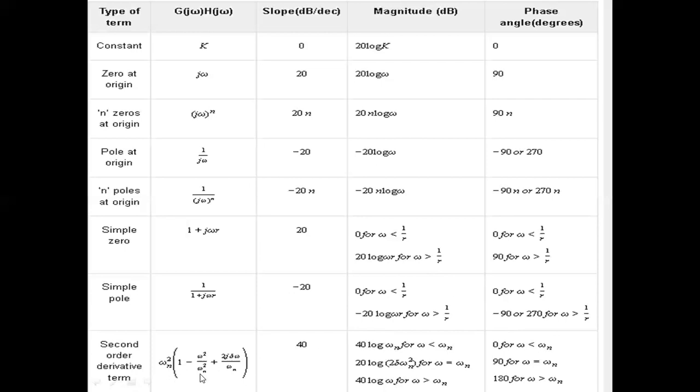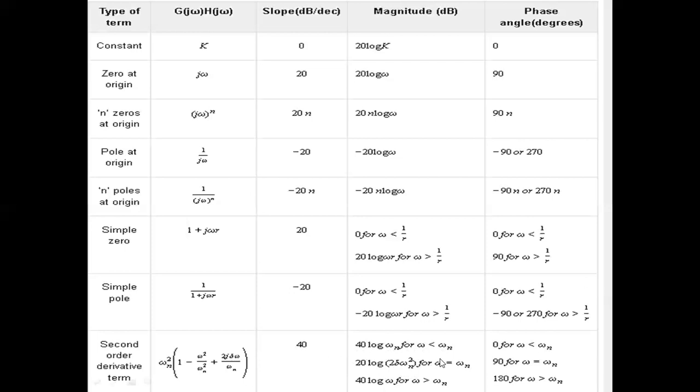And for quadratic factors, that is a second order equation, it will contribute as follows. For a second order system, it will contribute positive 40 decibel per decade, and for different values of omega: for omega less than omega n, it will be 40 log of omega n, and it may be 20 log of 2 del omega n square for omega equal to omega n, and when omega is greater than omega n, it is 40 log of omega.